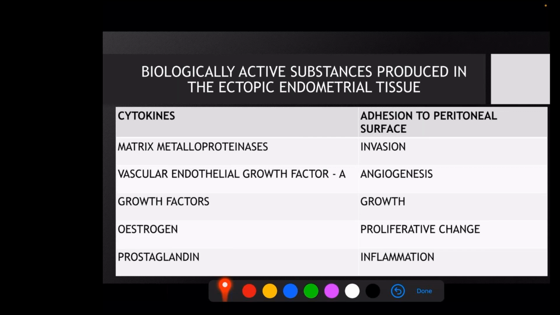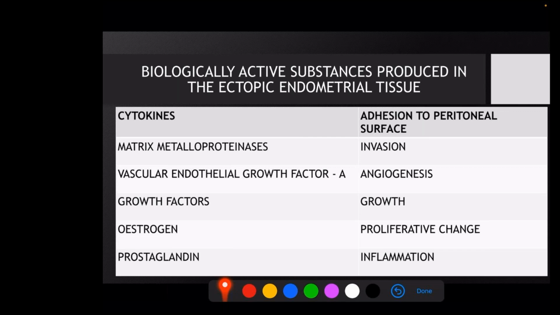It is responsible for adhesion to the peritoneal surface. Then matrix metalloproteinases, responsible for invasion, then vascular endothelial growth factor, responsible for angiogenesis or new vessel formation, then growth factor for growth of endometrial tissue, estrogen for proliferative changes, and prostaglandins causing inflammatory reaction.